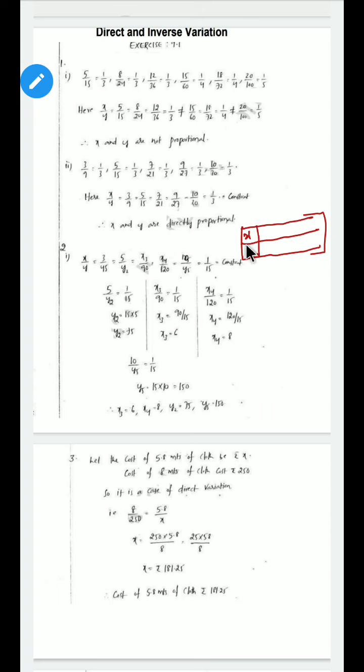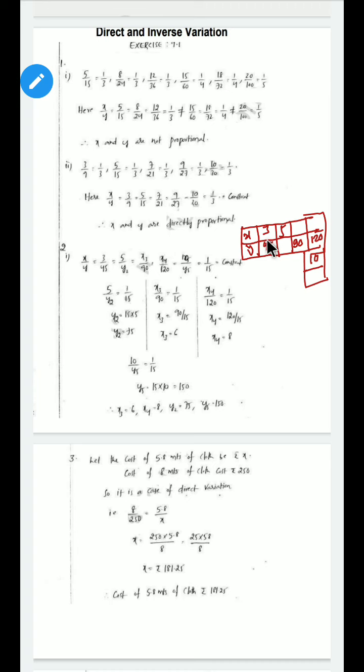This is x, y, this is 3, 45, this is 5 and a blank space, and there is 90, a blank space, 120, and another row with 10 and a blank space.